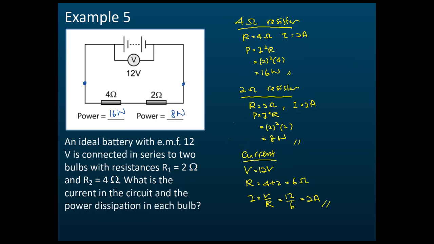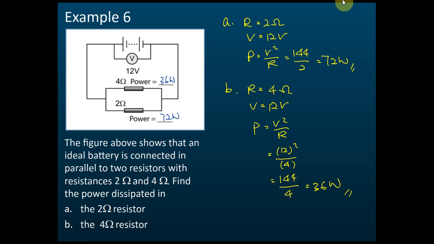For example, this one: you have R and V, right? Then I can find my current by using V equals IR. My V is 12 and R is equal to 4. Then my I equals 12 divided by 4, which is 3 ampere.